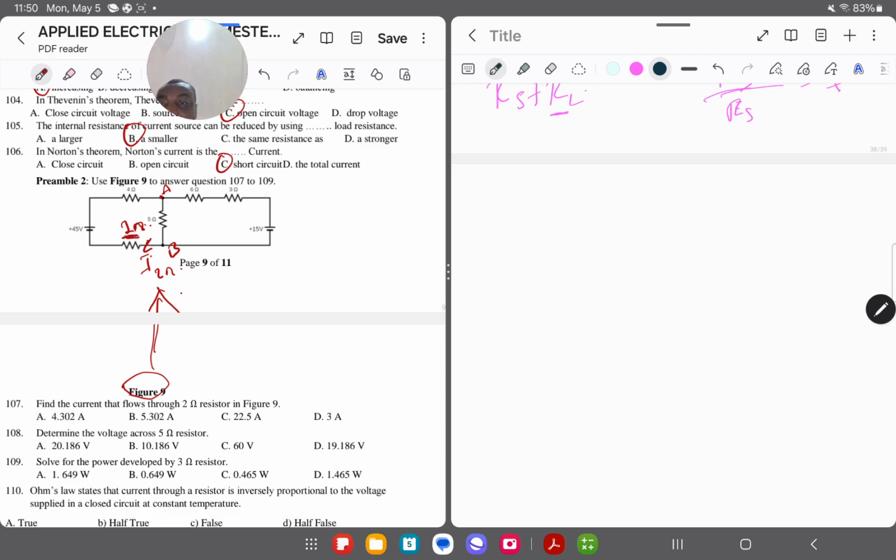Then I'm going to assign current to each branch. So here I have I1. This branch I'm going to have, let's say, I3. And this one, I'm going to make the current direction to be entering, because here we have minus positive. So let me change this.